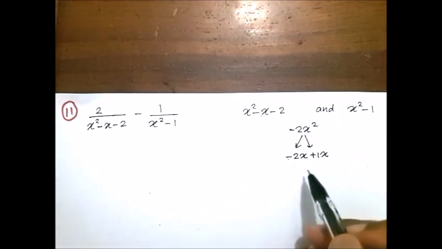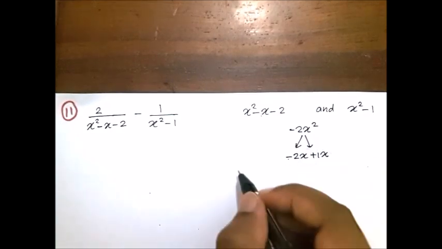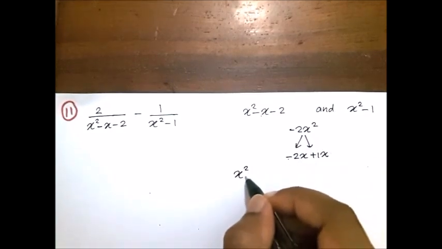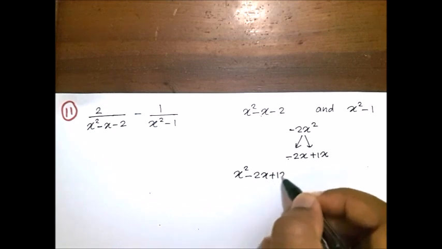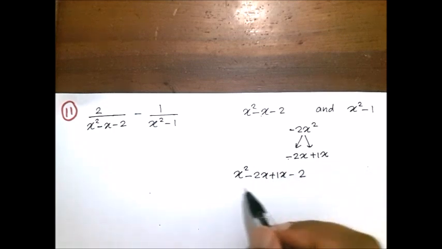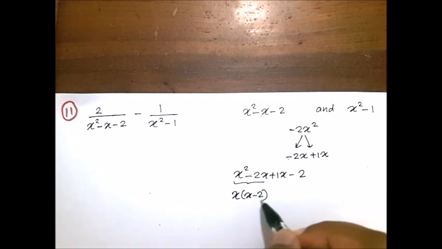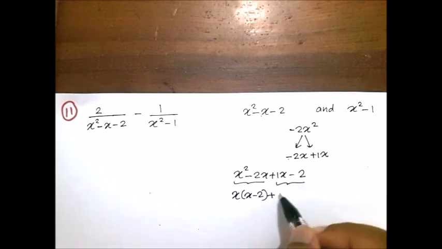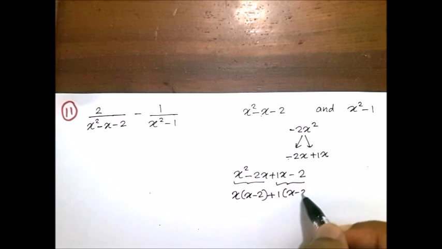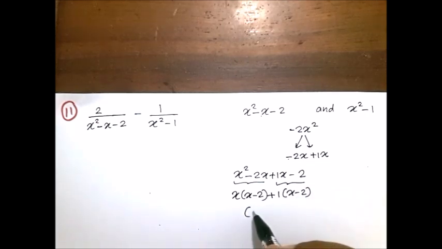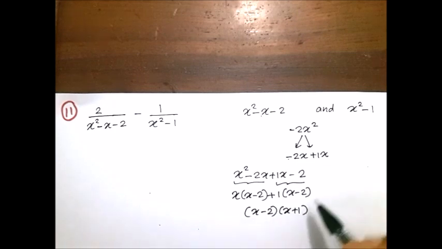Instead of this minus x, you can replace these two terms: x to the power 2 minus 2x plus 1x minus 2. Now take the common term, it is x, remaining (x - 2). Take the common term, it is plus 1, remaining (x - 2). Then the factors are (x - 2) and (x + 1).